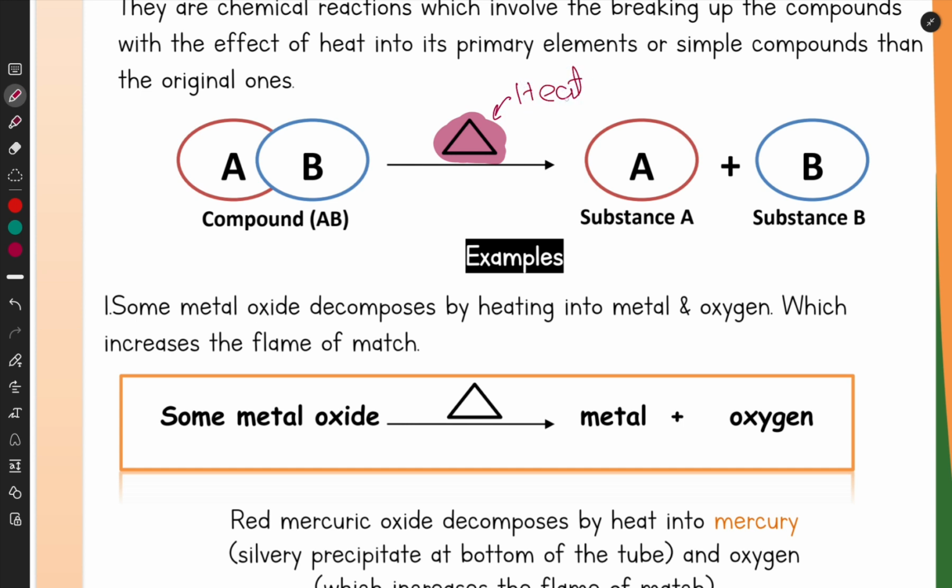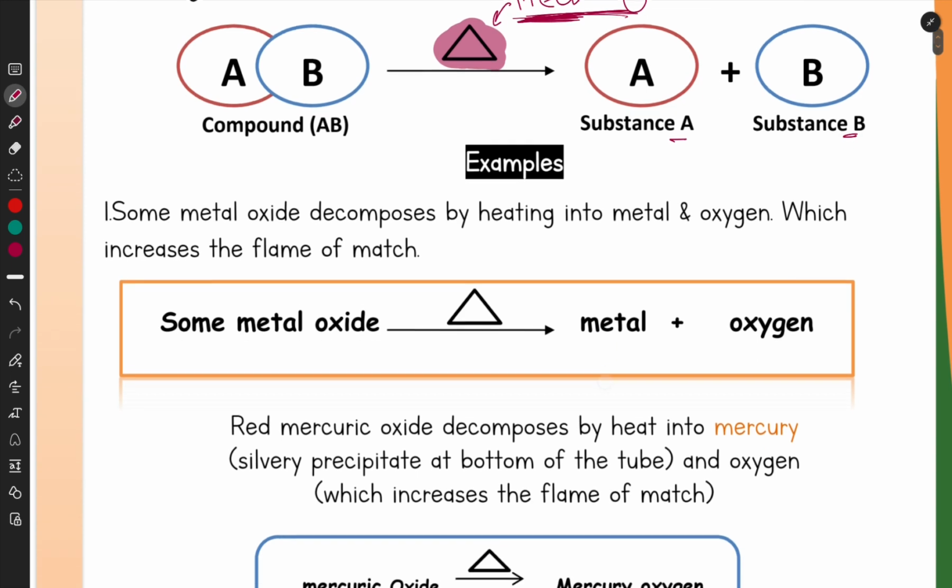So instead of writing heat or heating, just write a small triangle. If we have a compound AB and we heat it, the compound will break up into two substances, substance A and substance B, isolated from each other.